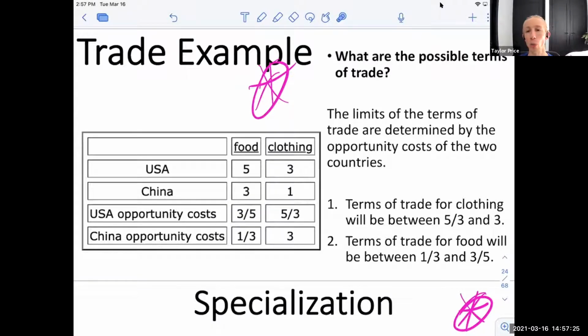So when a question asks you what the possible terms of trade are, all you have to do is know that it's going to be between the two opportunity costs. The reason is that for both countries to benefit from trade, the trading terms have to be between the first country's opportunity cost and the second country's opportunity cost. If that's the case, then both countries will benefit from trade.